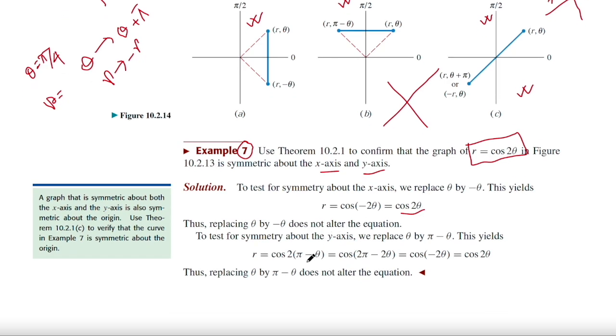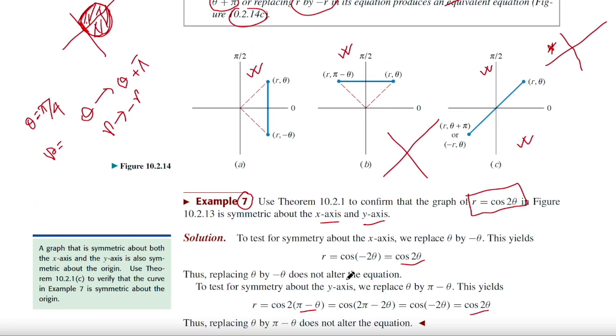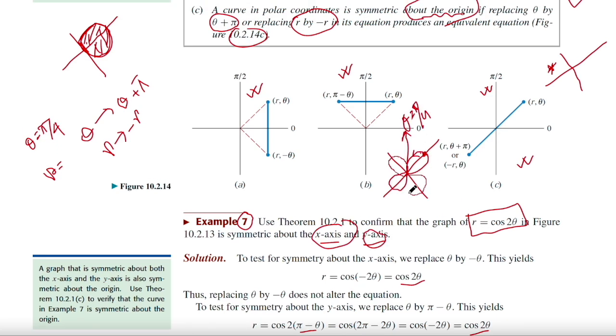If you replace theta by pi minus theta, you get back your original equation, which indicates that the curve is symmetric to the x-axis as well as the y-axis. So if you look at this picture, you see this rose curve is symmetric to both x-axis and y-axis. Does it make sense? Yes, sir.